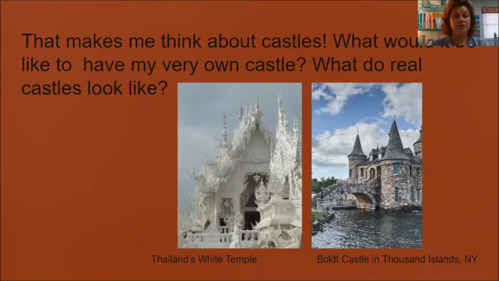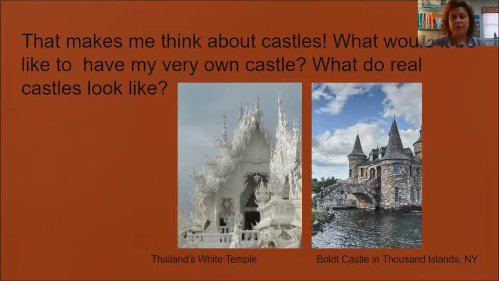So what do real castles look like? Well, the first picture on the left is a temple. It's not necessarily a castle, but it's large and very ornate and decoratively made. And it's in Thailand. And it is all solid white, and it's absolutely beautiful. I love that picture.